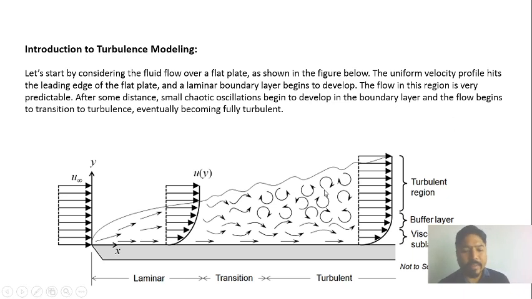Here you can see the fluid flowing from this direction over this plate. This will be your leading edge, and you can see how the velocity boundary profile develops. After some distance, this region is dominated by viscous forces.